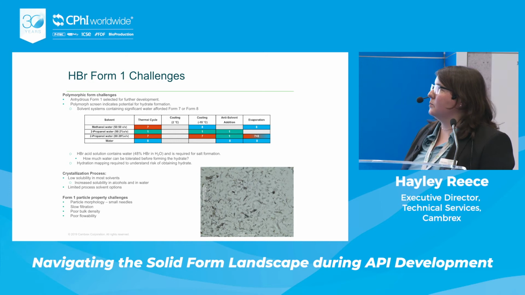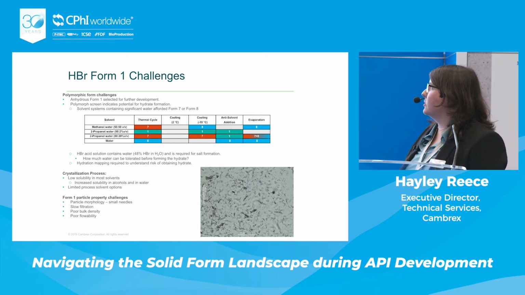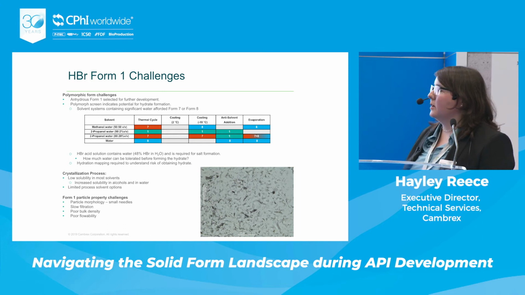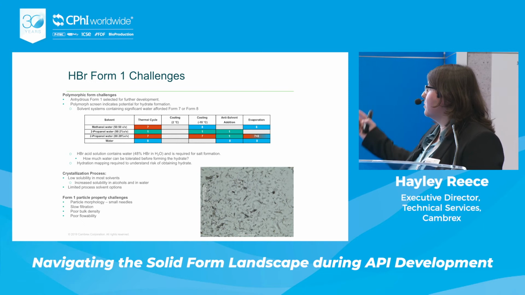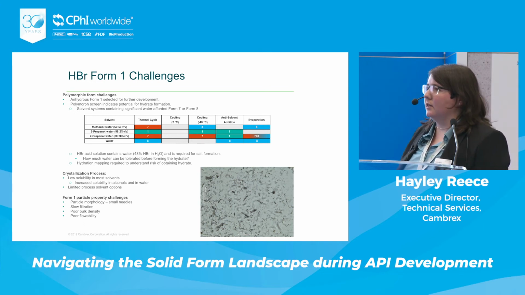So we set about to look at how much water could be in the system in order to be able to still get Form 1, but navigate around the hydrated forms. There was a further challenge with Form 1 as well that we addressed later on, and that was the particle morphology. You can see in the microscopy image there that we're getting very small particles, needle-like particles.